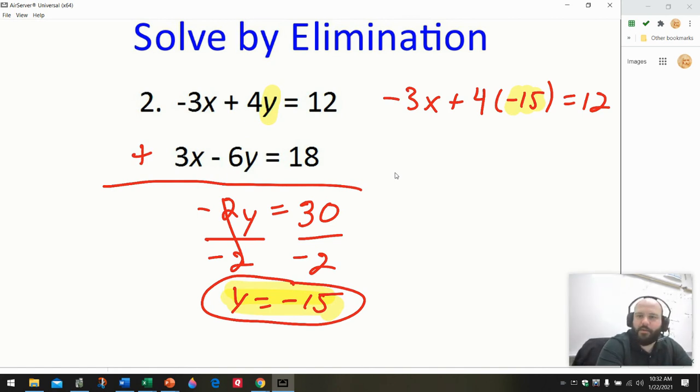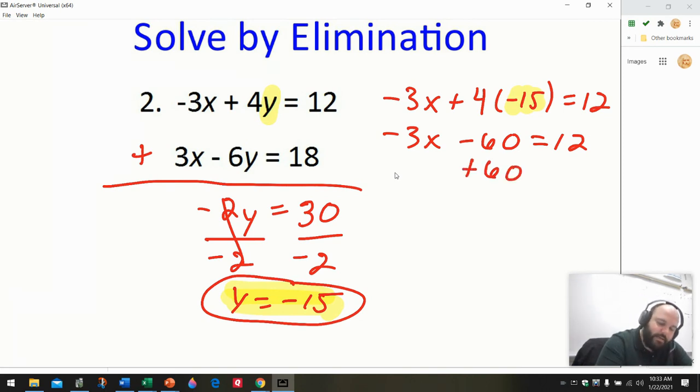Now, once I've done that, I'm going to go ahead and solve for x. The first step is going to be to multiply 4 times negative 15, which is negative 60. Then I'm going to add 60 to both sides. Once I do that, I have negative 3x equals 72.